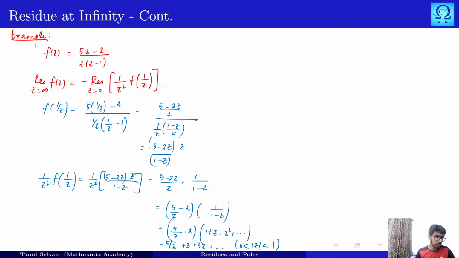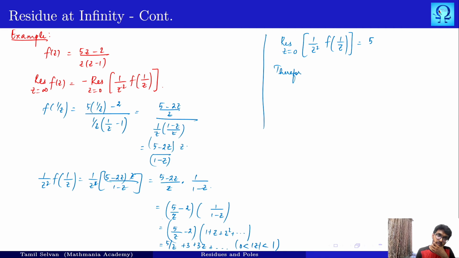So when you do so, from this you can very well decide that the residue at z equals 0 of the function 1 upon z squared f of 1 upon z is equal to 5, which is the coefficient of 1 upon z. Therefore, your integral over c of f of z dz is minus 2 pi i times this quantity.